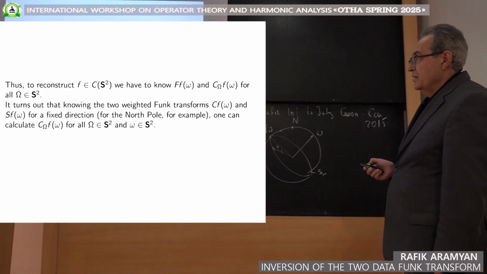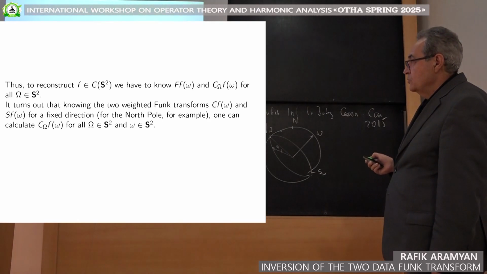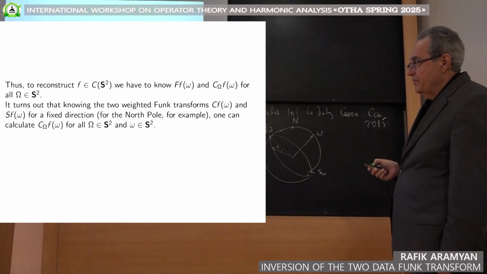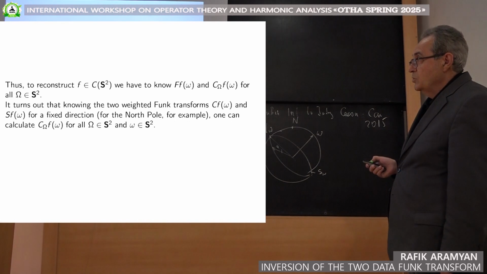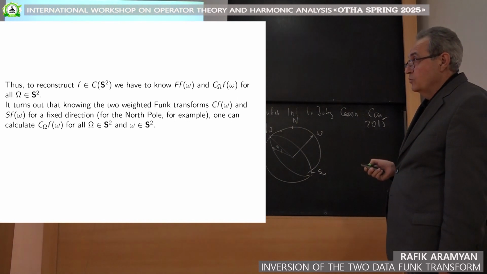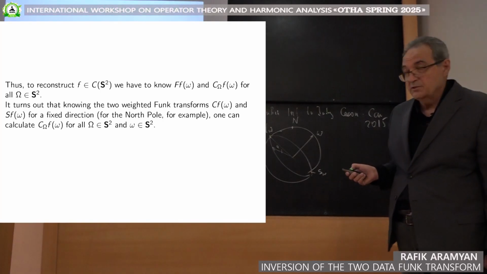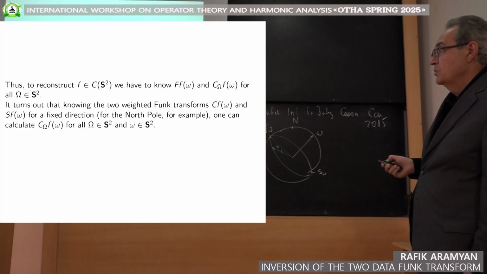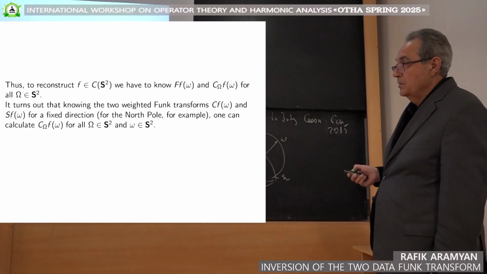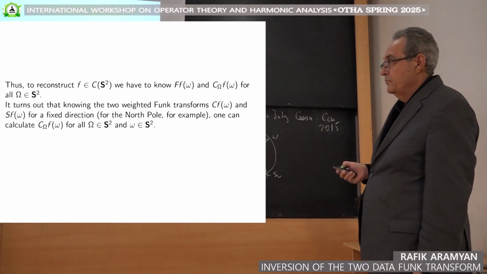Thus, to reconstruct any function, we have to know the two weighted transforms, C omega, for all directions. It turns out that knowing the two weighted functions Cf and Sf for a fixed point, for example the North Pole, one can calculate C omega for all directions.